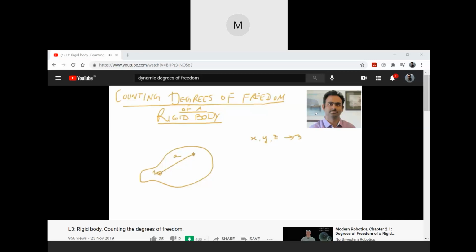This could be anywhere on a sphere of radius a. So imagine a sphere of radius a with the center at point 1. If you are only fixing point 1, point number 2 could be anywhere on the sphere, right?